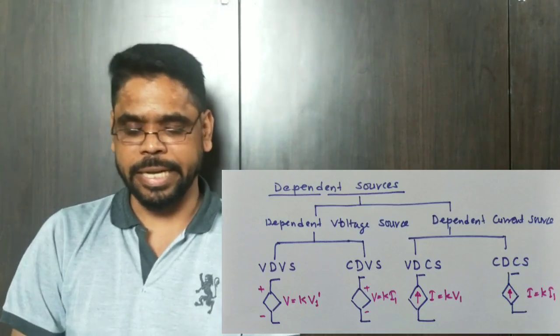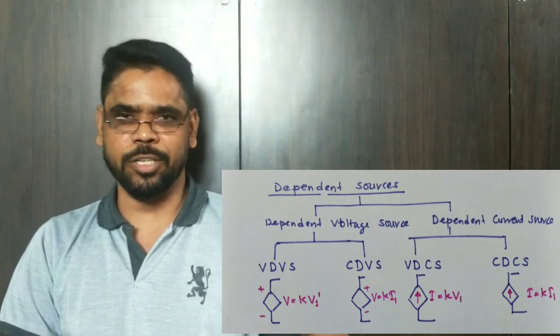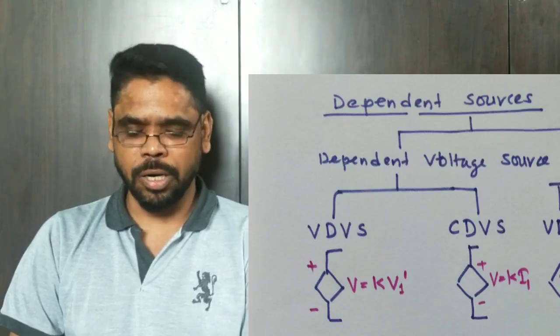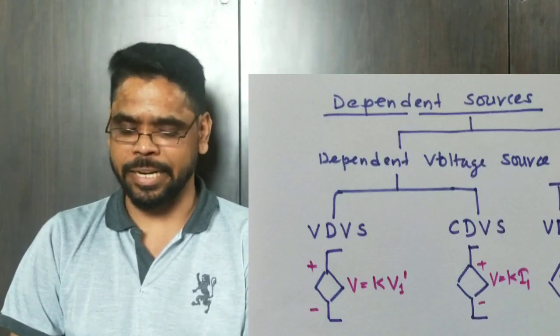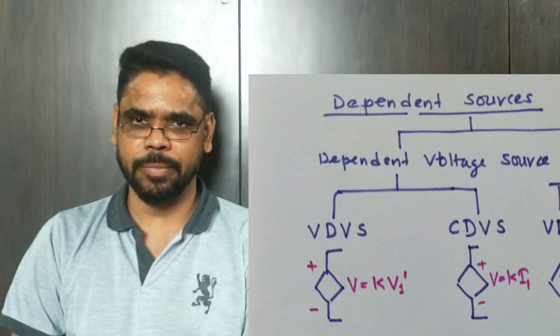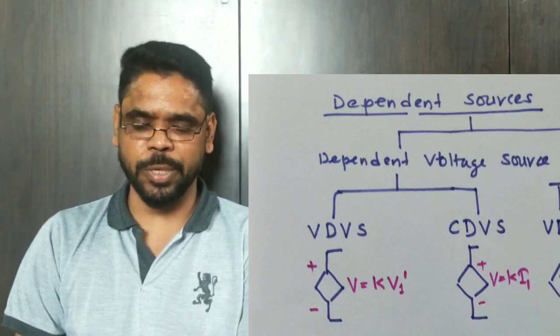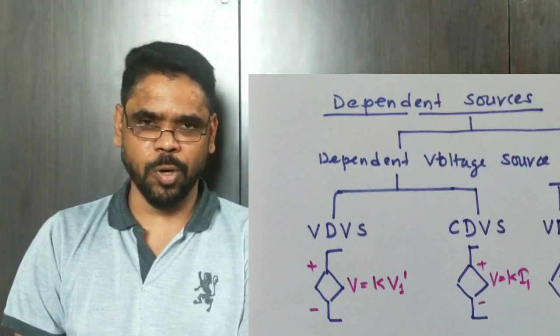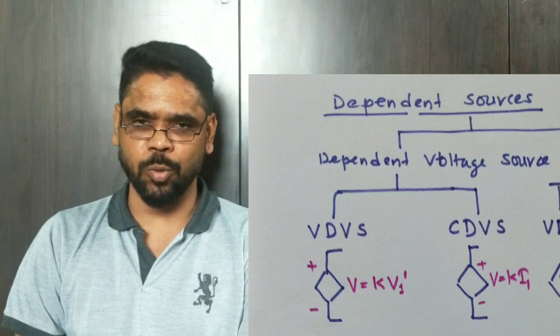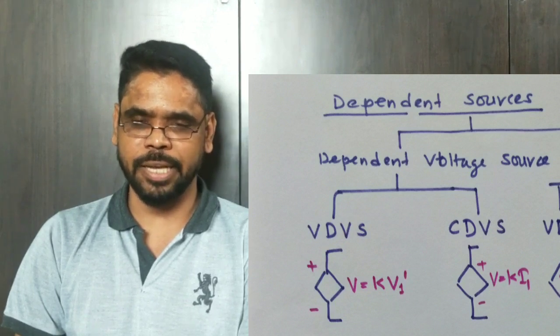In case of a dependent voltage source, the voltage may depend on a voltage somewhere inside the network or a current somewhere inside the network, hence voltage dependent or current dependent. We'll discuss first the voltage dependent voltage source. The symbol is shown in the figure where the polarities are shown, and V is given as kV1.